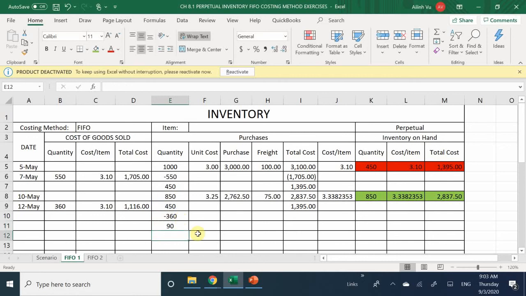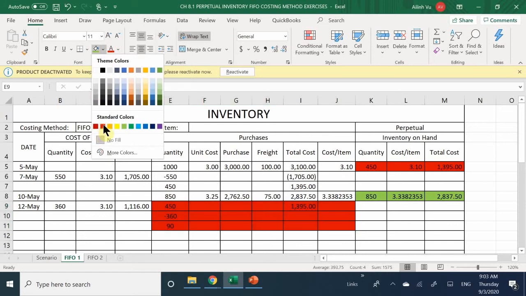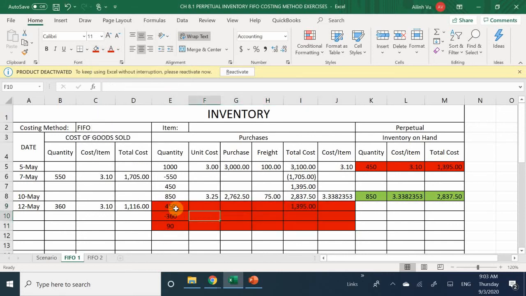If you want to be more visual, you can highlight this whole thing and say, this is my transaction for the red batch. So here I'm indicating that I started with 450, I subtracted 360, now I'm down to 90.